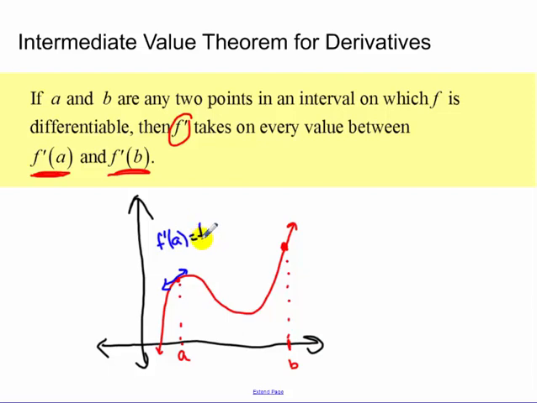Let's say it's 1/2. And f prime of b, oh wow, that's a really steep value. I'll say that that's something like 5. We know then that for all the points on this function, the derivative is going to take on every value from positive 1/2 to 5 along that interval.